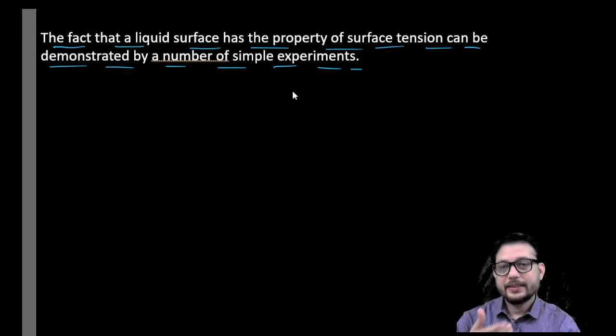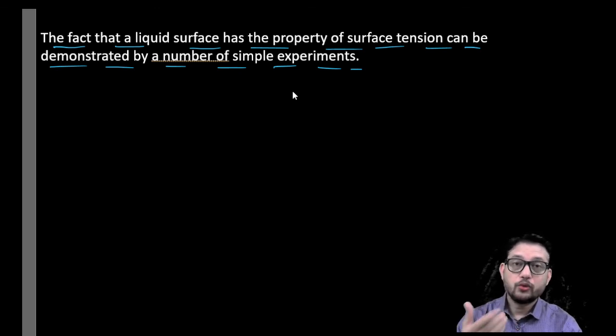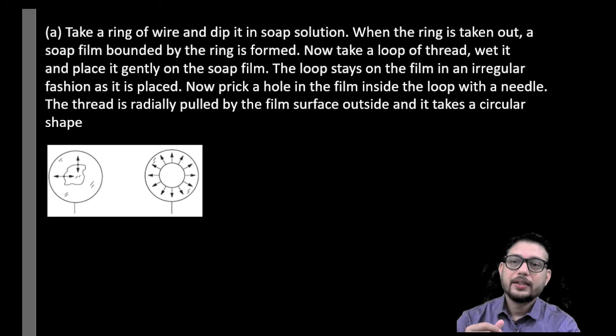We have come to know that there is a special property on the surface of a liquid, named surface tension. Now how can we believe that this property is real? For that we have some experiments. Let us look at them. This is your first demonstration, an activity you can also perform at home.